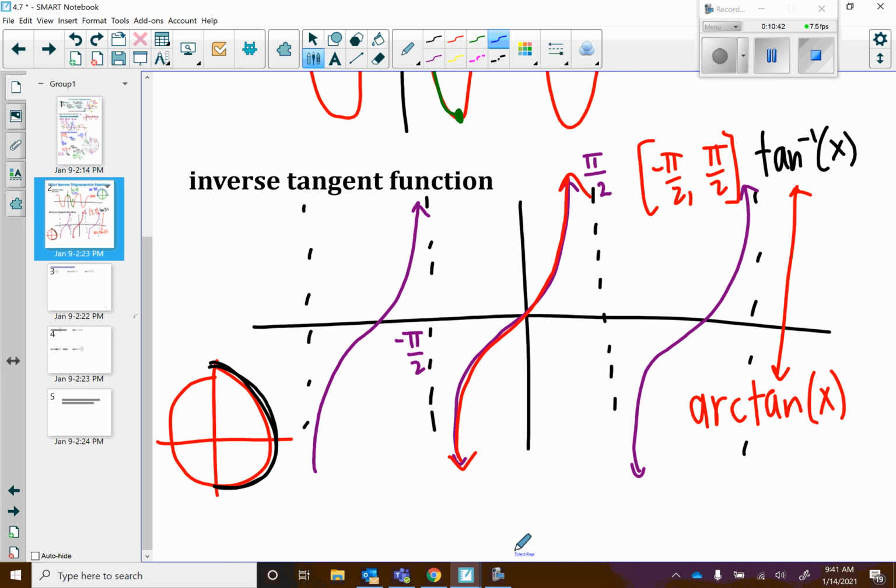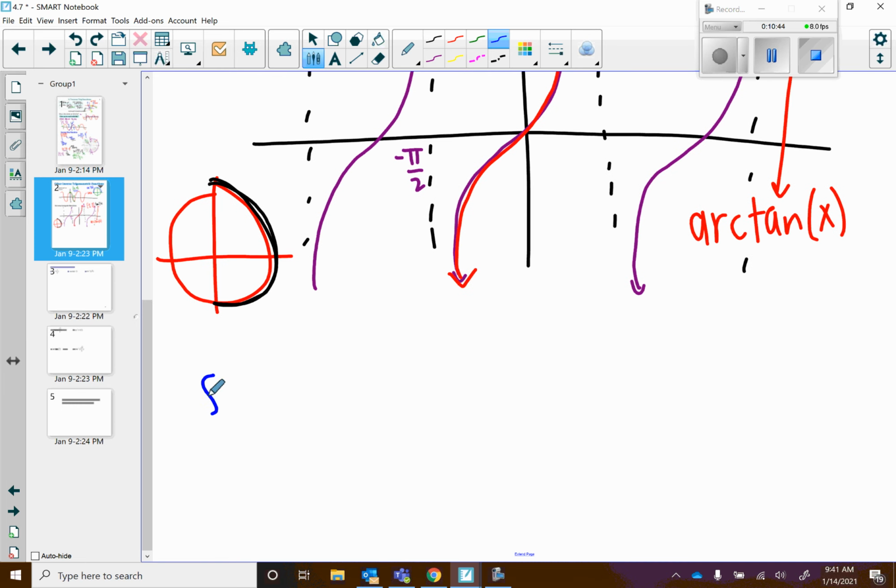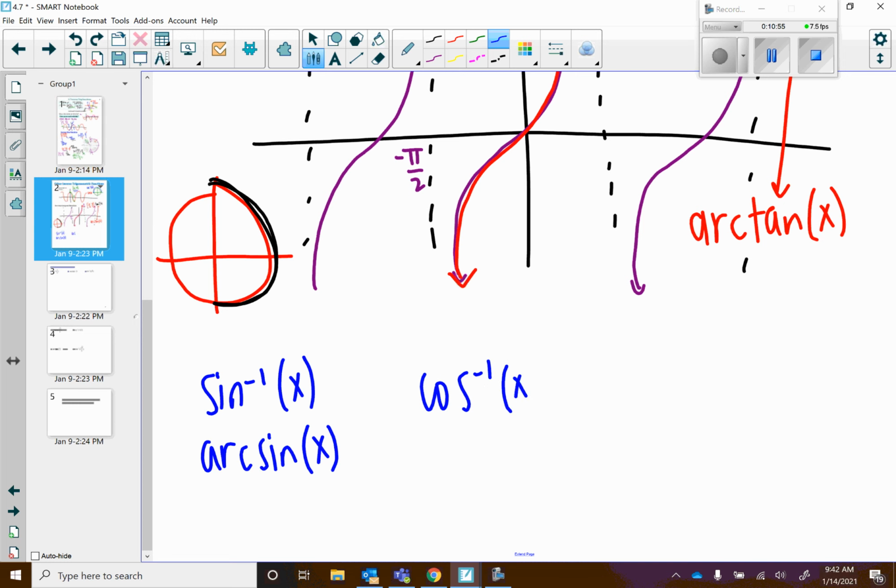Or I would be saying the same thing for sine inverse of x is the same as arc sine of x, or cosine inverse of x is the same as arc cosine of x. It's really just a different notation. So if you see this, it's just saying, hey, this is the inverse of that thing.